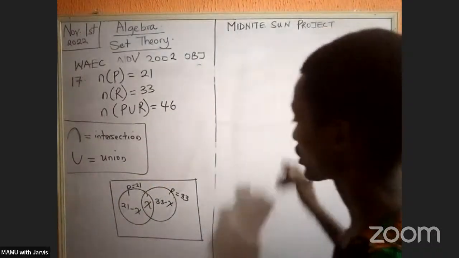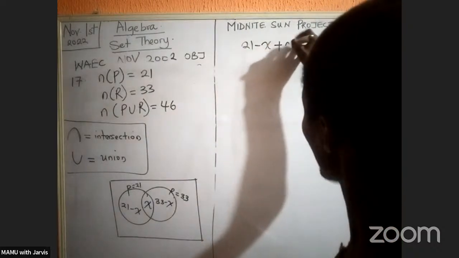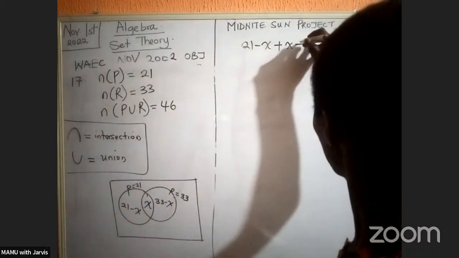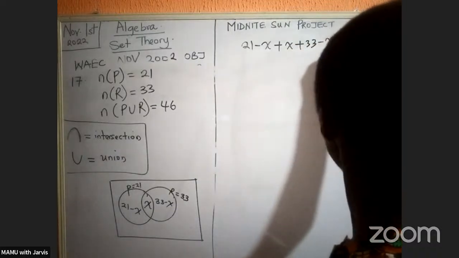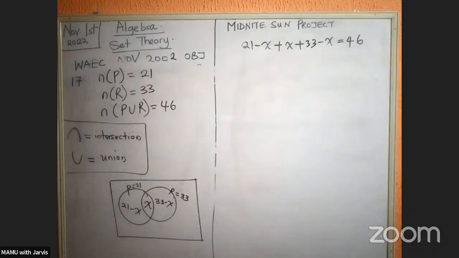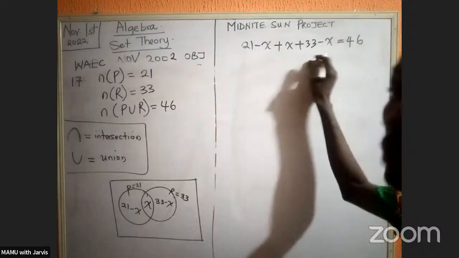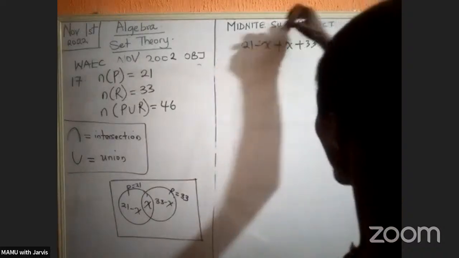So if that is understood, it means that 21 minus X plus X plus 33 minus X will be equal to 46, right? All right, so with that done, this will be equal to negative X plus X.